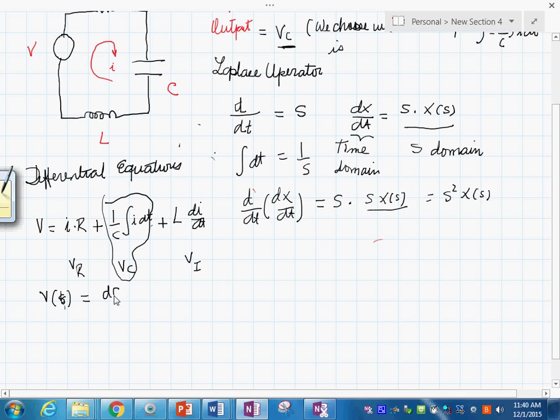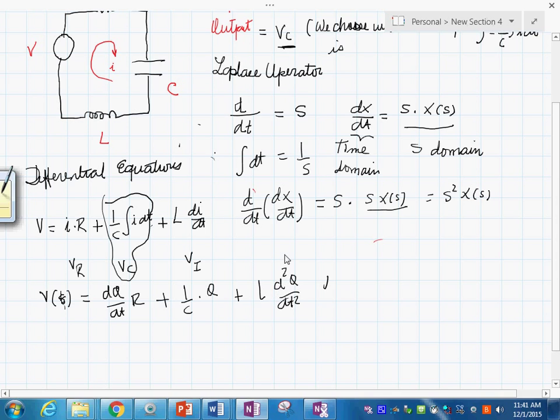This will be dq dt times R plus 1 over C times Q plus L times d squared Q dt squared. So this is the same equation as this, but in terms of Q.